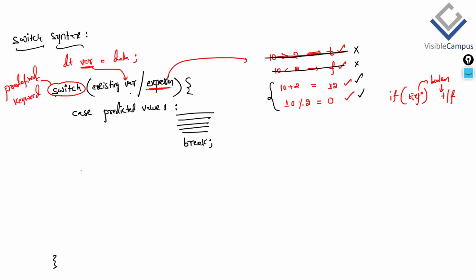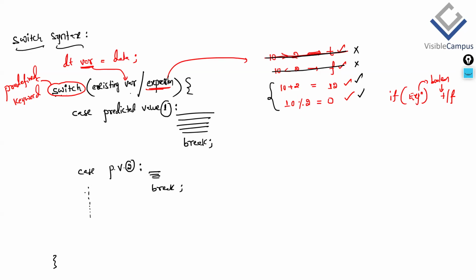The next case, PV2, predicted value 2, then colon, some Java code, then break. Like this, we can write any number of case labels, depending on the requirement, but with different predicted values. We can't have the same value again and again.